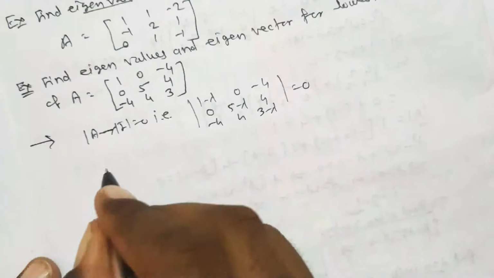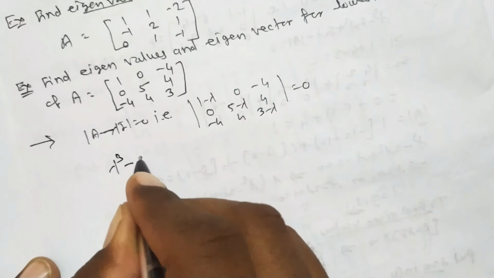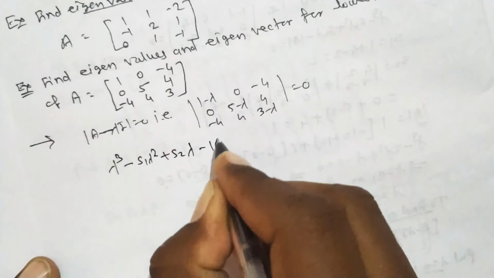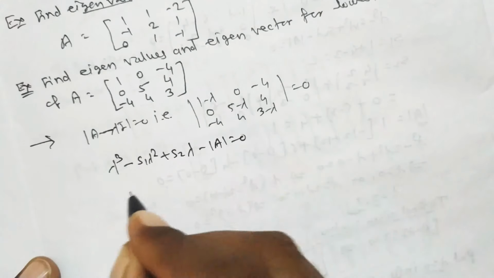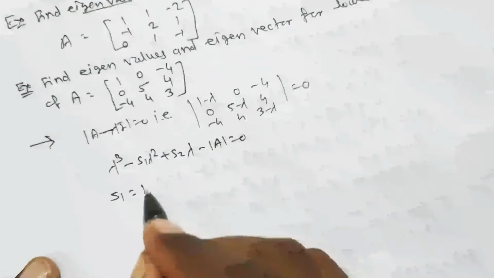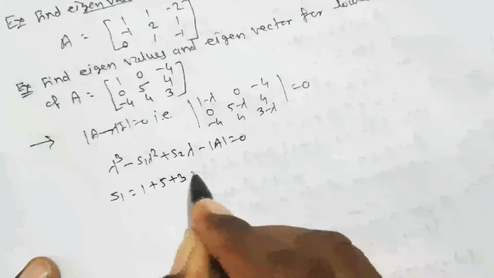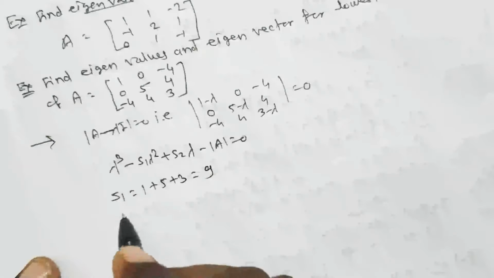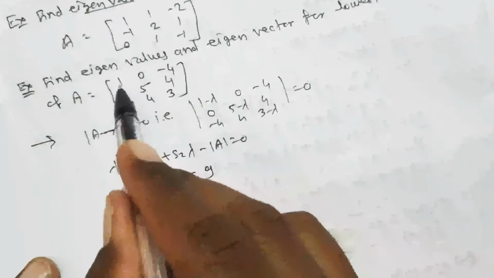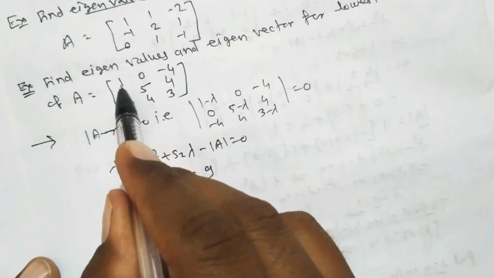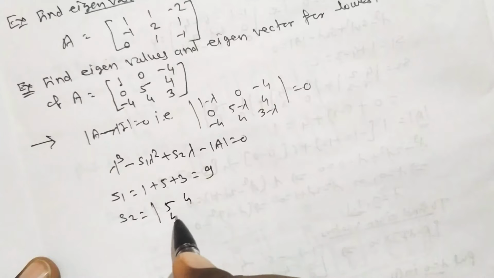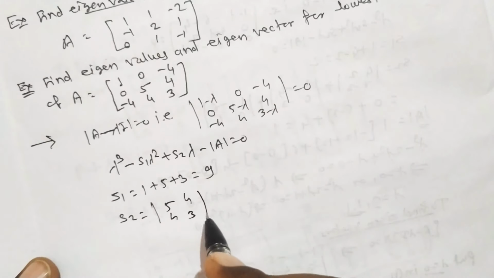We expand this determinant using the formula lambda cube minus s1 lambda square plus s2 lambda minus determinant of A equal to 0, where s1 is the sum of the diagonal elements of matrix A, that is 1 plus 5 plus 3 equal to 9. s2 is the sum of the minors of the diagonal elements of matrix A. The minor of the first diagonal element 1 is the determinant 5 4 4 3.